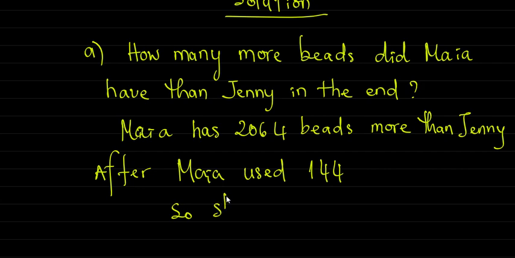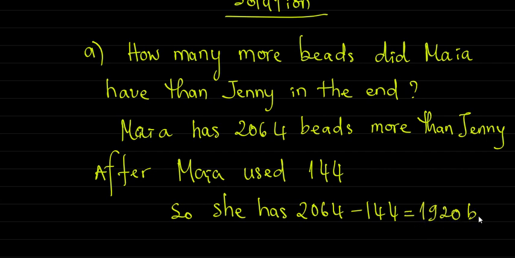So she has 2064 minus 144, that is equal to 1920 beads more than Jenny. That's it. Get it? Yes.